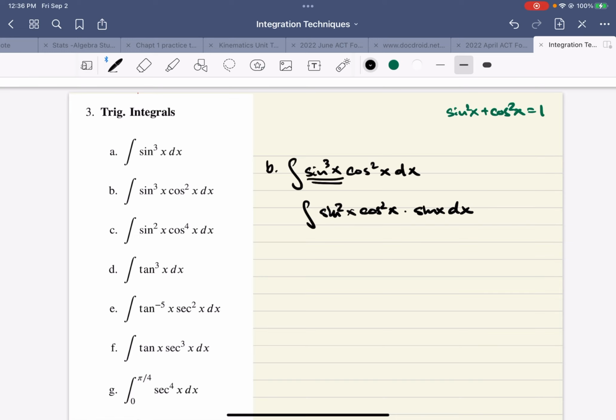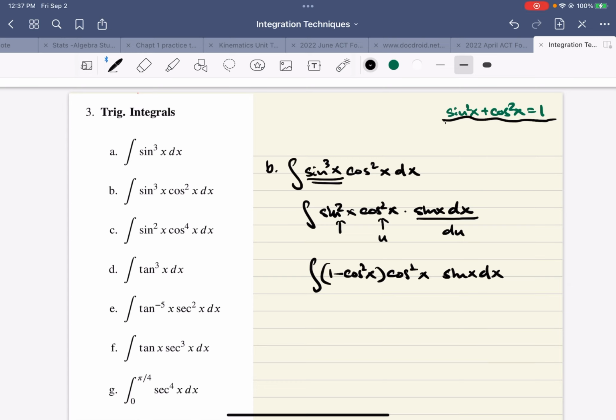I'm gonna use later on u is cosine x, and this one will be du. That's my plan. But in order to do u sub, I have to change this one also using that identity here. So 1 minus cosine squared x, and cosine squared x, and sine x dx.